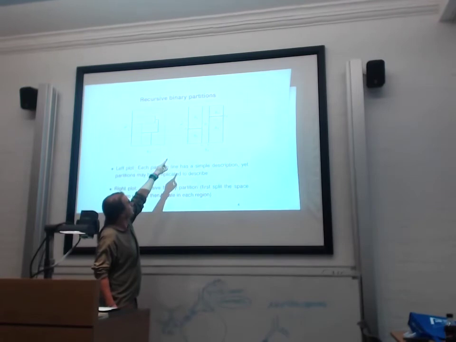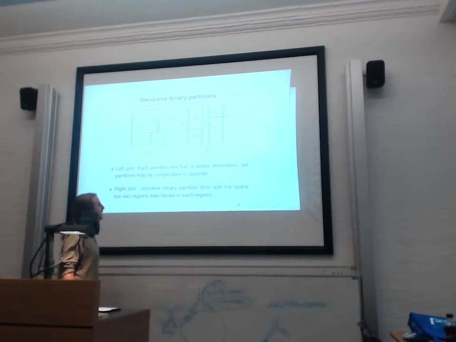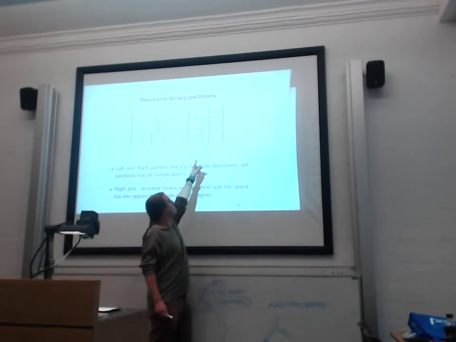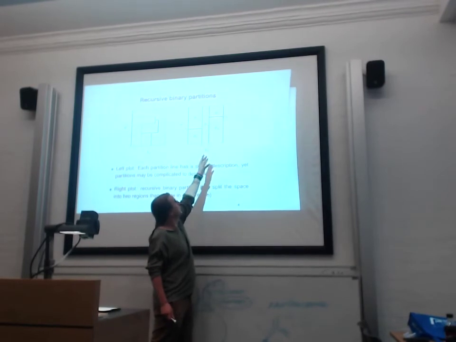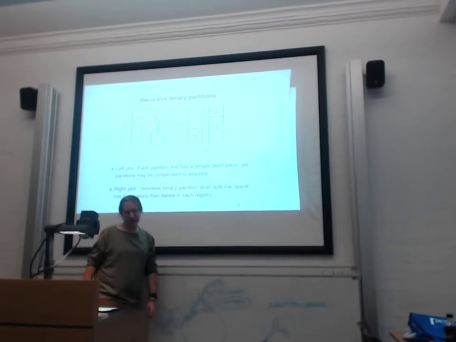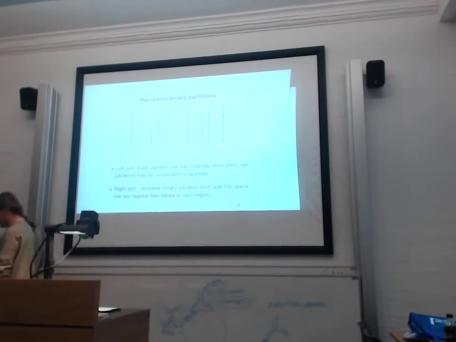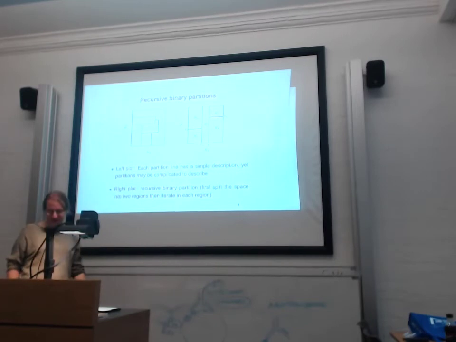Then I split the space at T2, which splits this region of R1 and R2 in half. Then I split this region at T3, into R3 and this larger grouping there, and then finally at T4, I split again. So the way we'll be splitting our space up is through this kind of recursive binary partition.